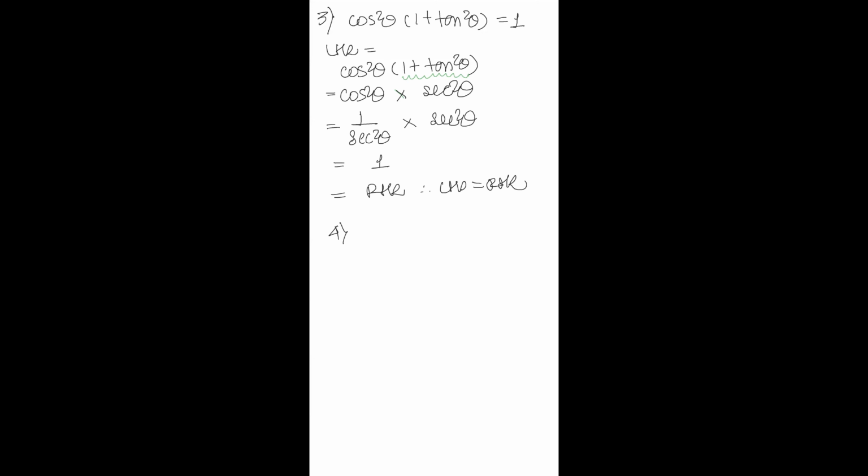Question number 4 is prove that 1 plus cot square theta into sine square theta is equal to 1. Let us begin with the left hand side. So we have 1 plus cot square theta into sine square theta.